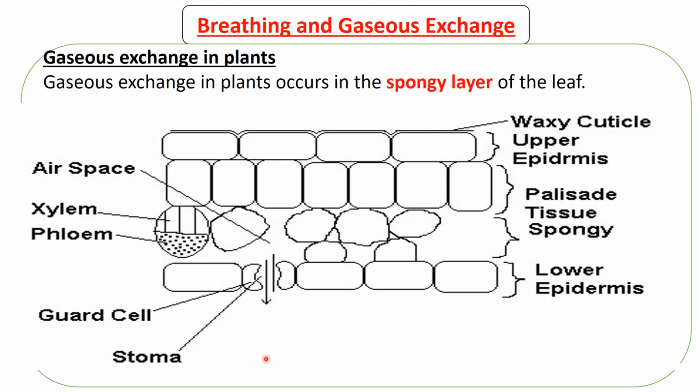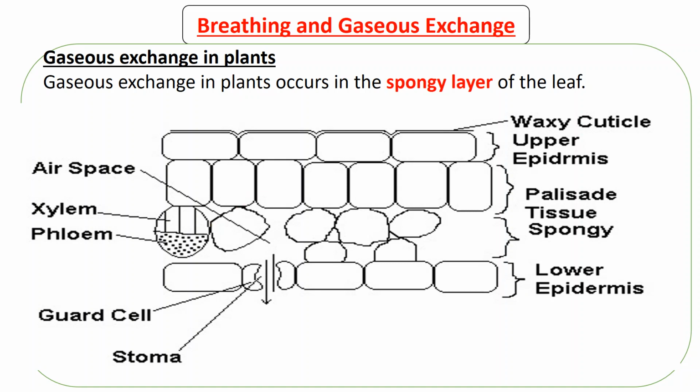Gases enter or leave the leaf through the stoma, and when they do that, they go into the spongy layer where the spongy cells are. And as you can see, the spongy cells are connected to the transport system, the xylem and the phloem. So we are studying the same things, just in different ways depending on the type of organism.